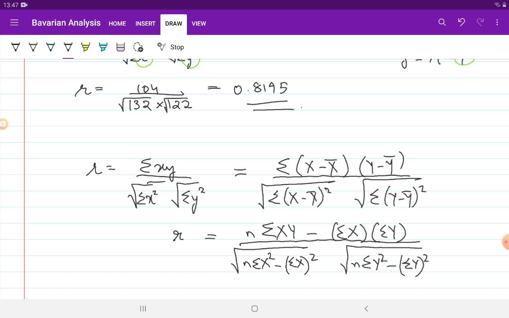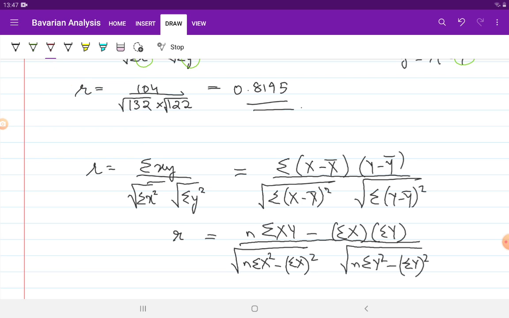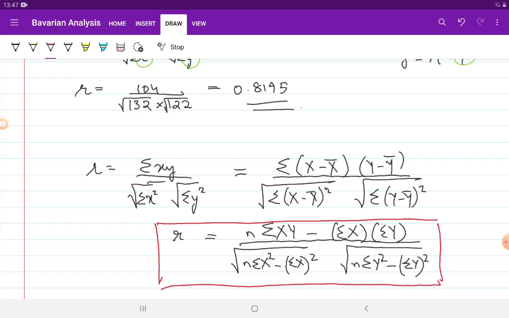Okay, now I know this formula doesn't look as pretty as you'd probably like it to be, but it has an advantage. You don't need to calculate the mean value of x and y and then calculate deviations. If you notice, you just need x, y, x square, y square, and x into y.